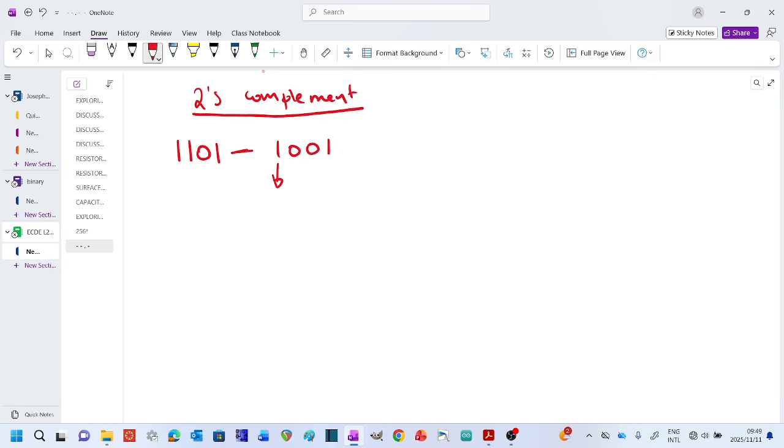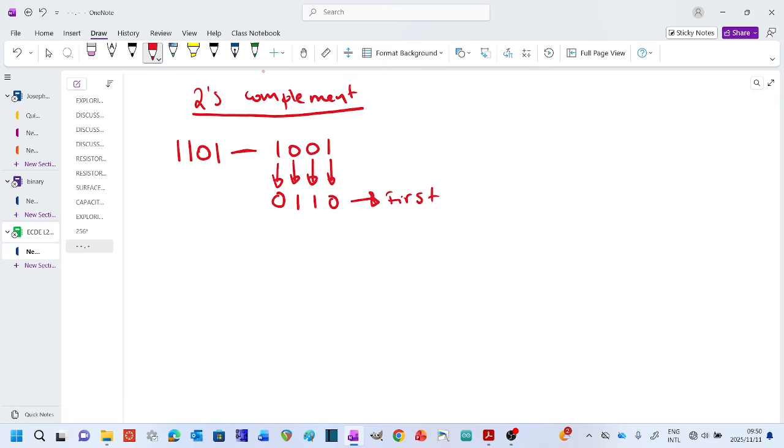So 1 becomes a 0, 0 becomes a 1, 0 becomes a 1, and then 1 becomes a 0. So this number here is the first complement.